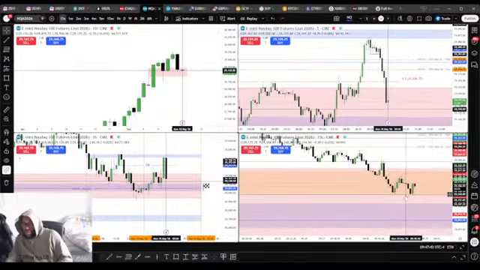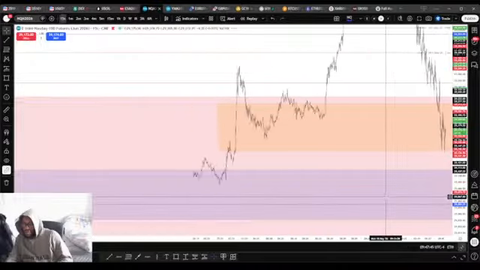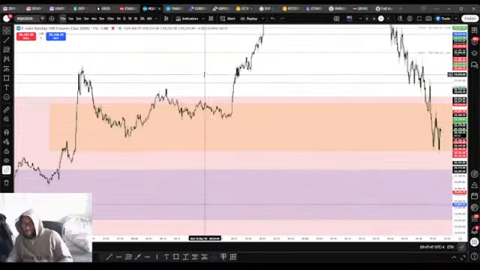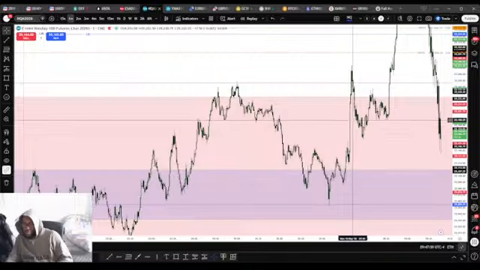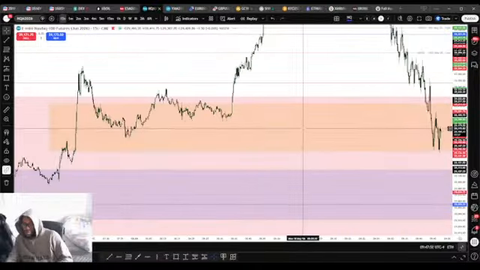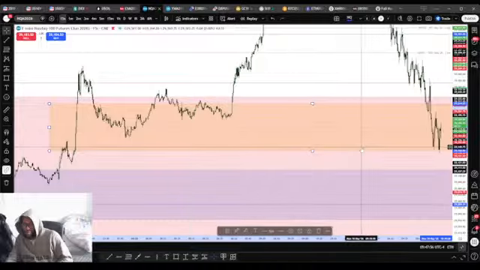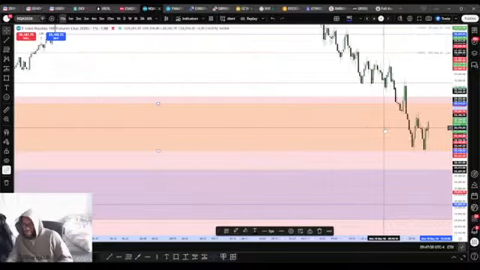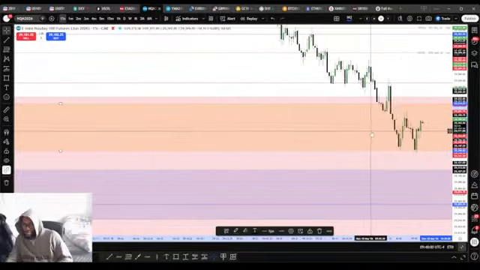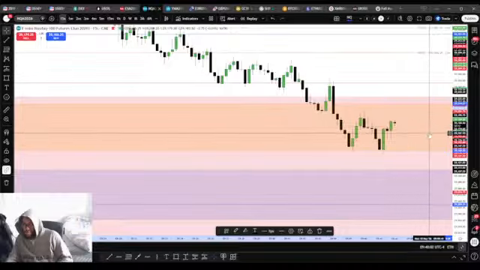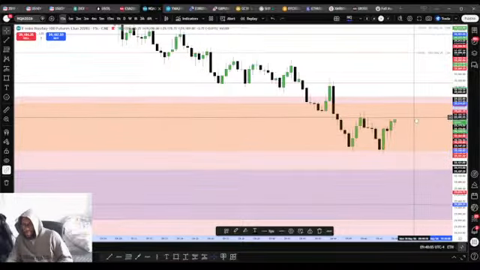Now this range that I've mapped out here, what is that? Lows taken. So the highs are taken now.